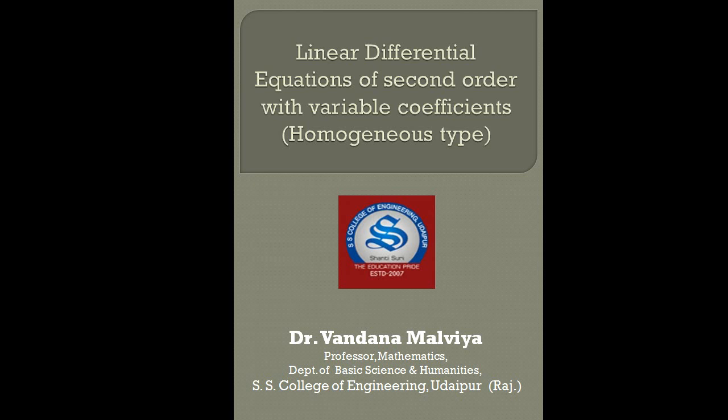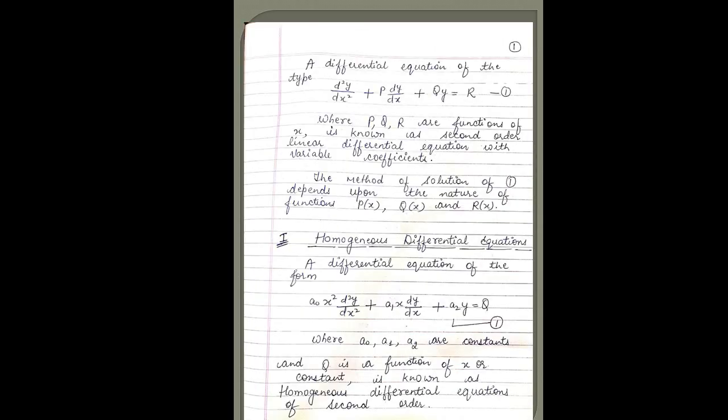In this video, I am going to discuss the solution of homogeneous linear differential equation of second order with variable coefficient. First of all, what is the type of homogeneous differential equation?